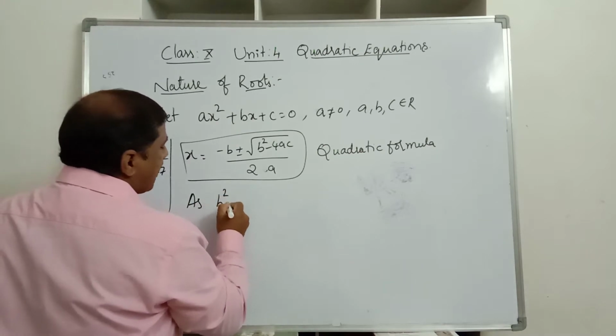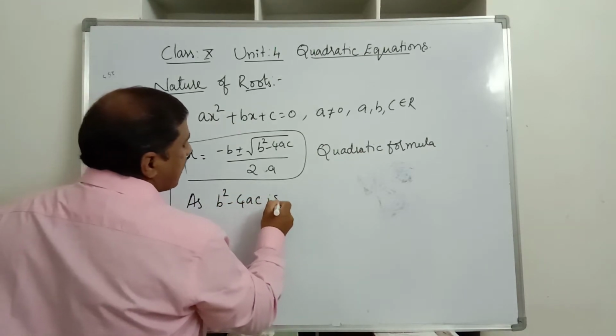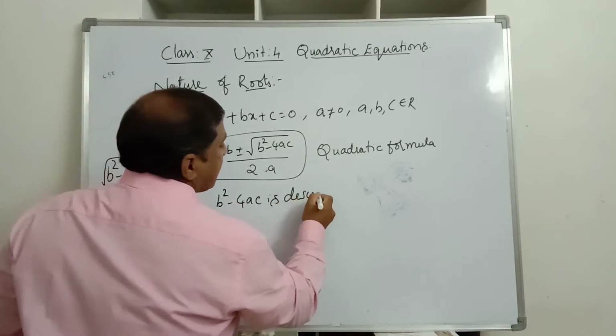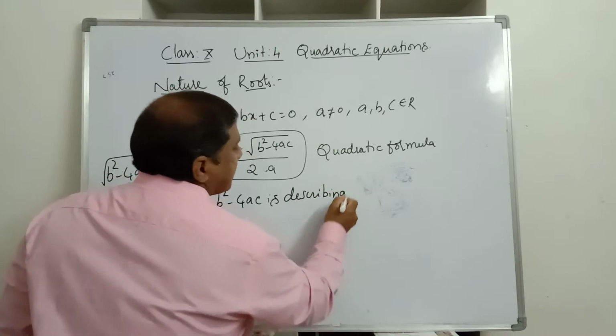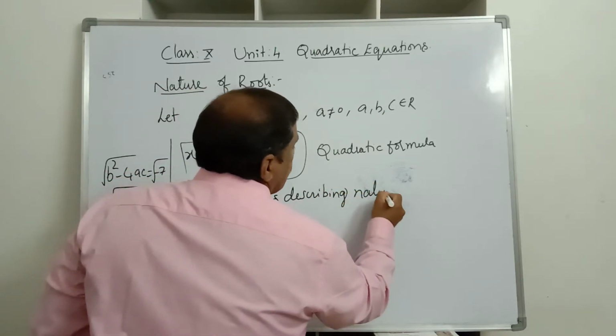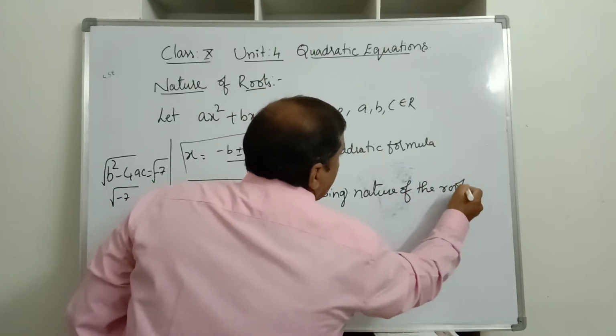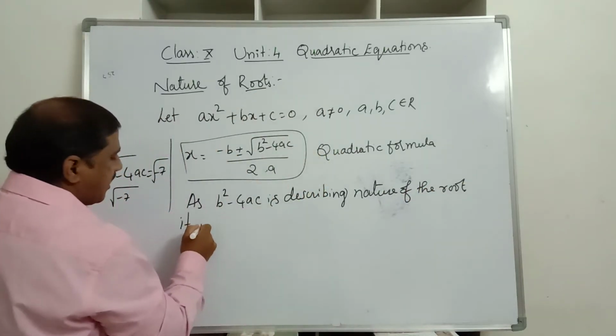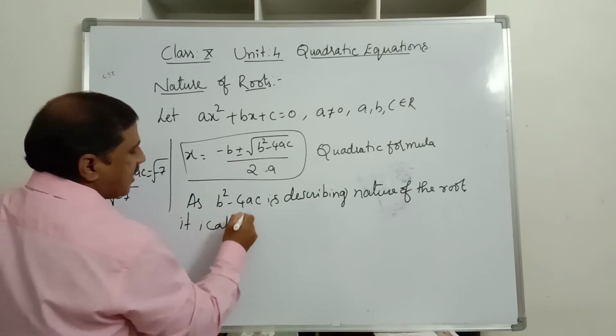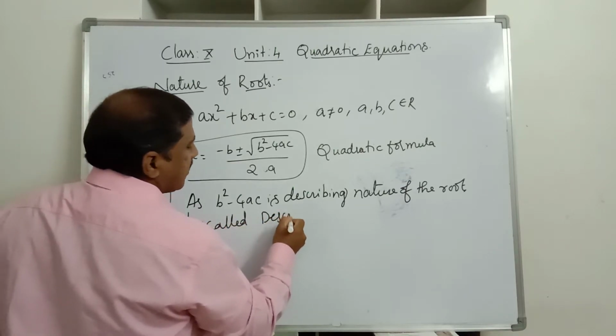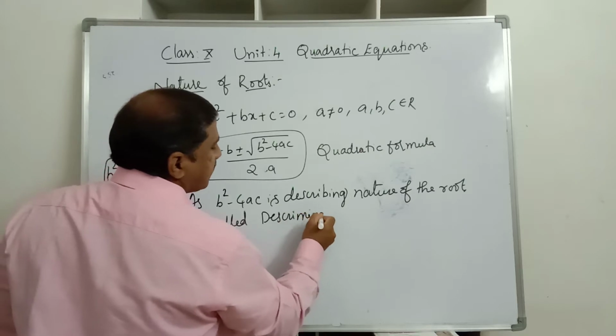As b square minus 4ac is describing the nature of the roots, it is called the discriminant.